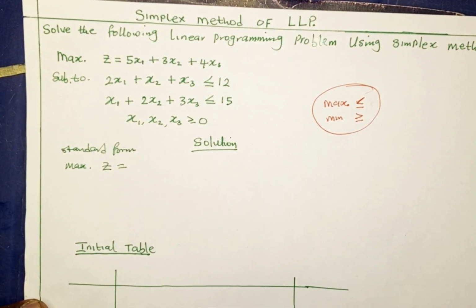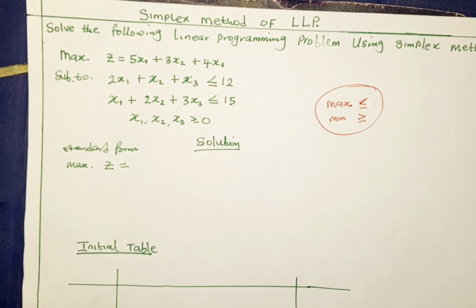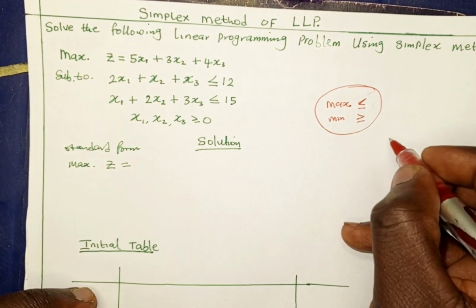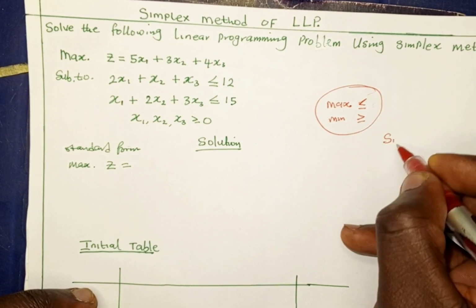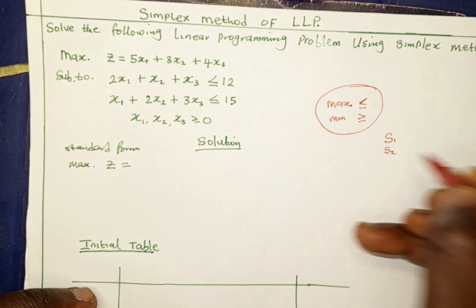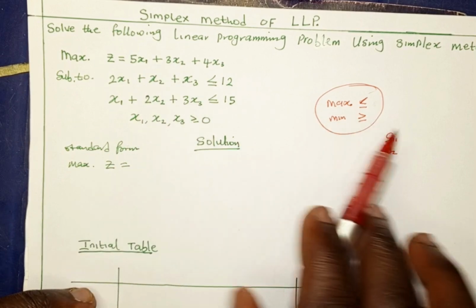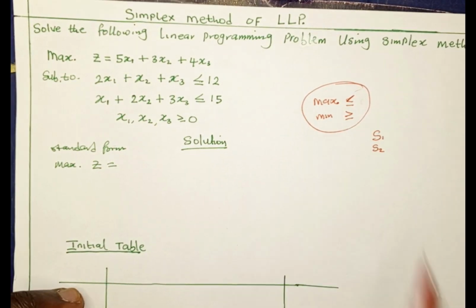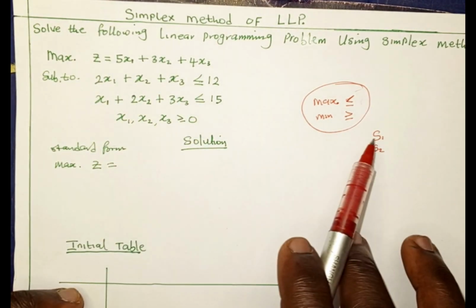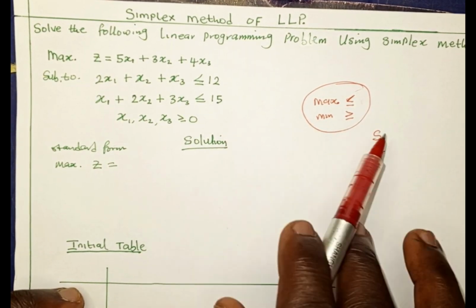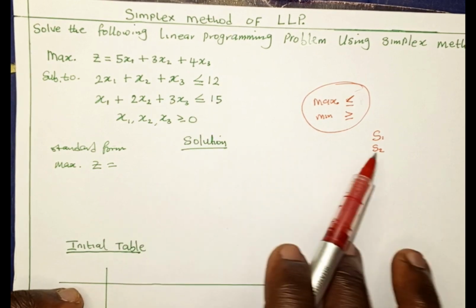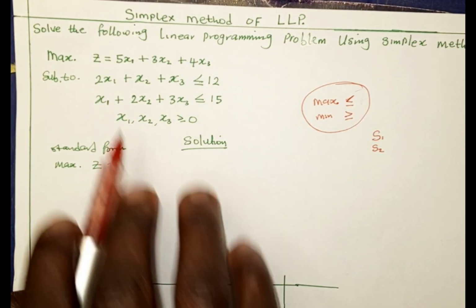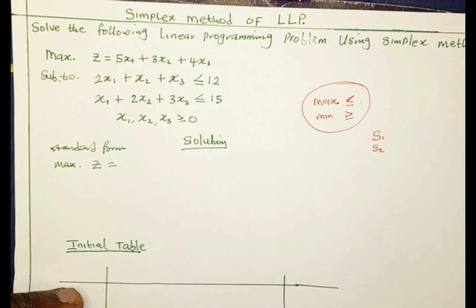So we're going to add two slack variables, S1 and S2. In the objective function, when we add S1 and S2, the coefficient is going to be 0, 0. In the two inequalities, we add S1 to the first equation, then S2 to the second equation, because we have only two equations. If it is three equations, we add three slack variables.